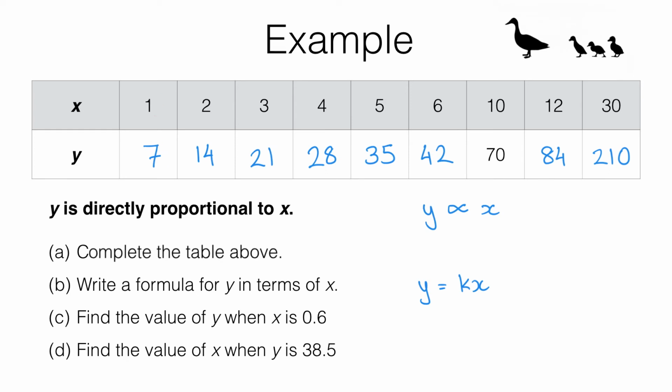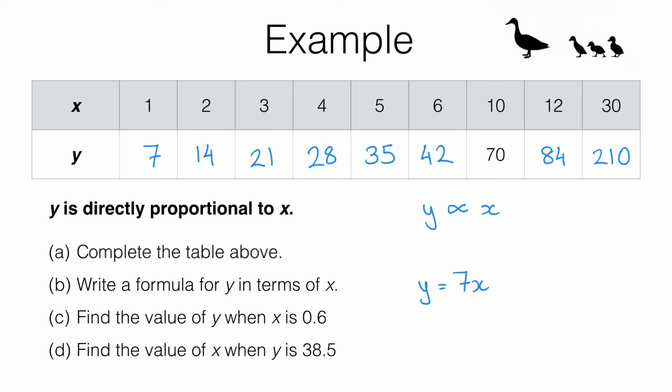We can pick any pair of values from this table to see that whatever x is, you have to multiply it by 7 to get y. So this constant of proportionality is 7. So that means our formula is y equals 7x.